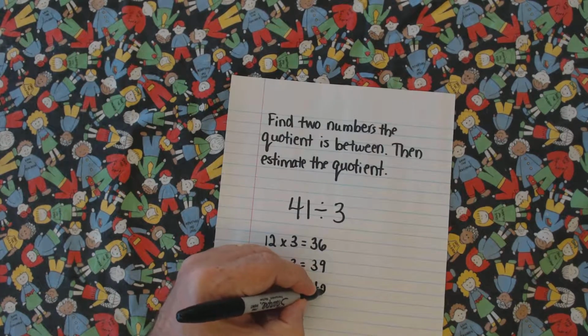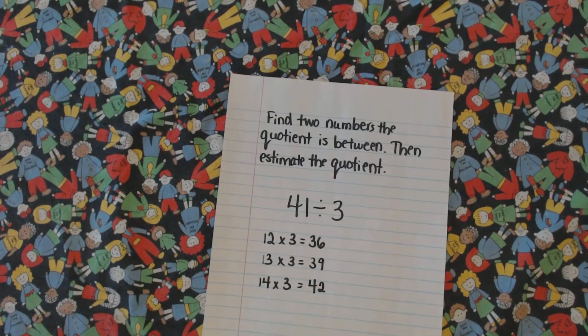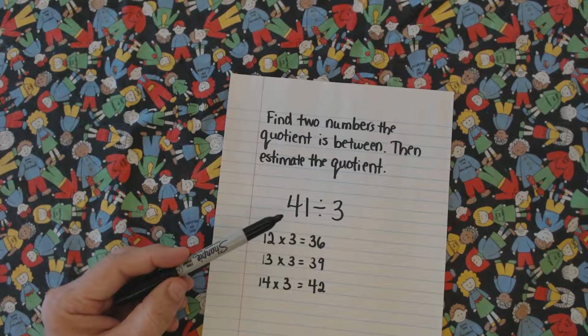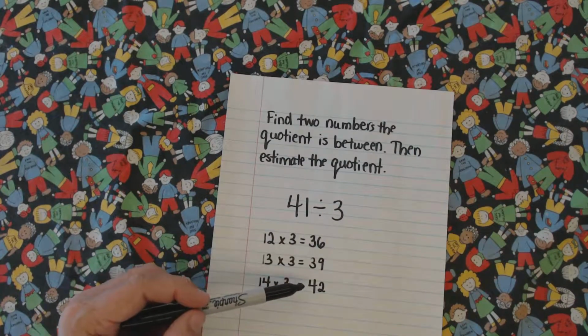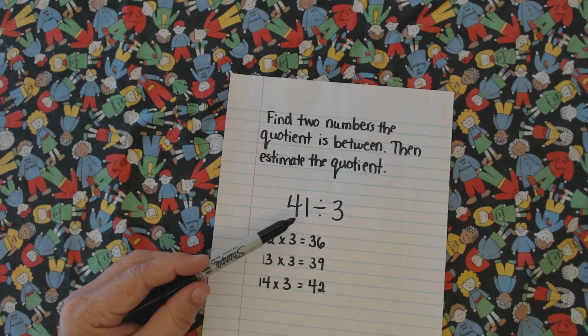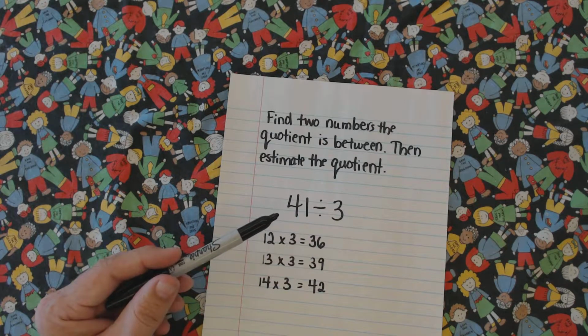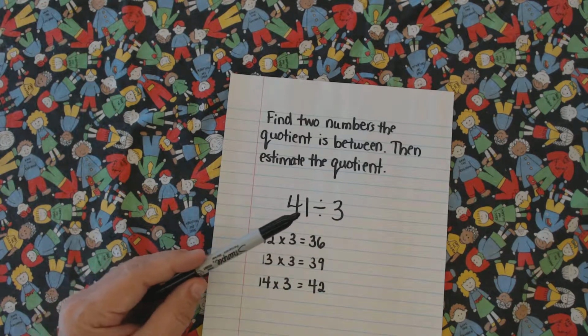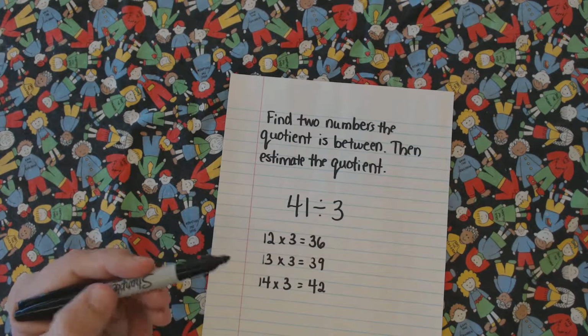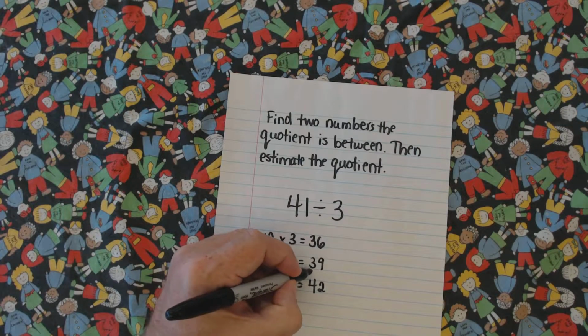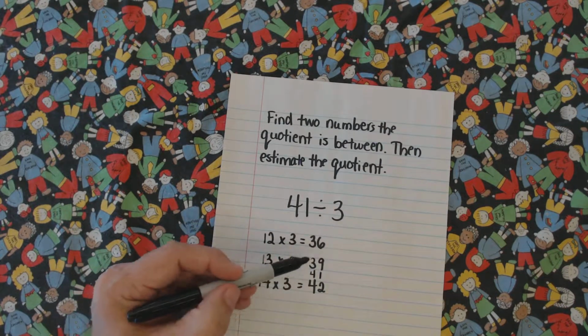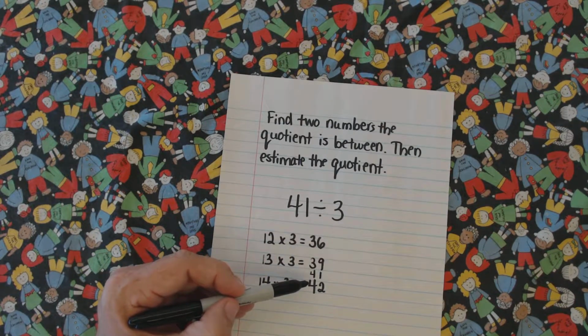Now we have 42. And we keep doing this until we have a product that is larger than our number that we're starting with, which will be the dividend. They haven't learned that word yet, but this is the dividend. So we can easily see that 41 would be somewhere between 39 and 42.